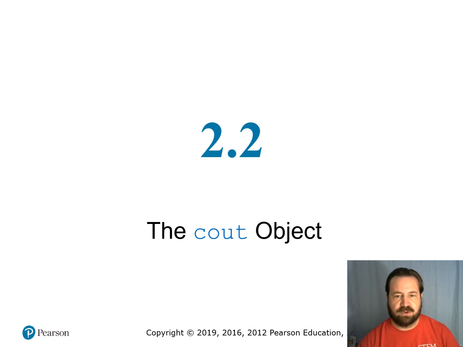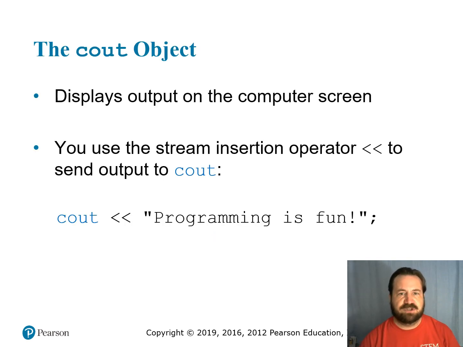Okay, so let's walk through some of the things we found in that basic program. The cout object is what you use to display output to the console. That's what the C stands for, console output. And it displays output to a console, which is usually a little terminal window on the computer screen on a modern computer.